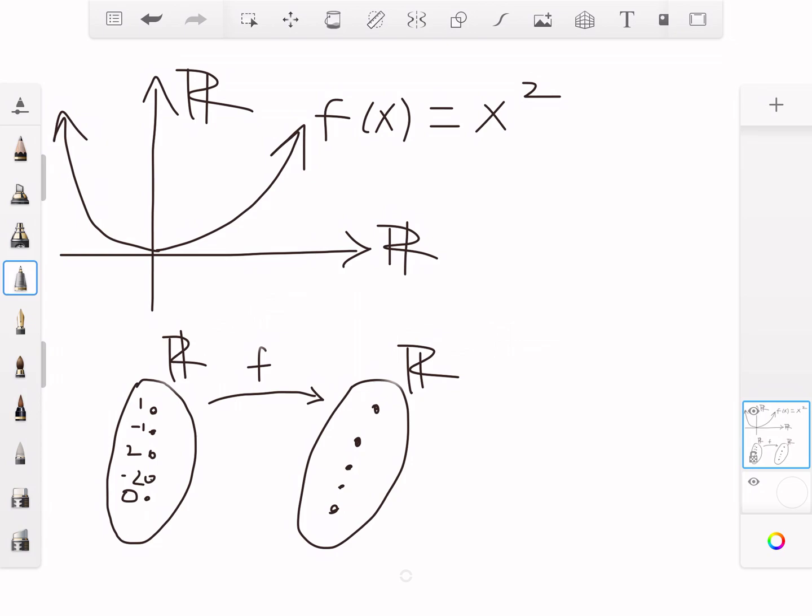Let's say 1, 4, 0, -1, -4. Now there's many other points in here, infinitely many. I'll put dots like so.